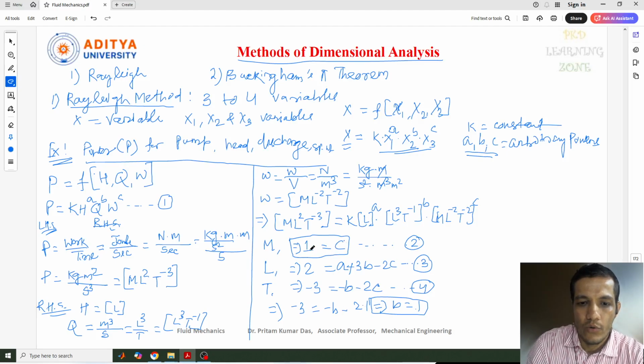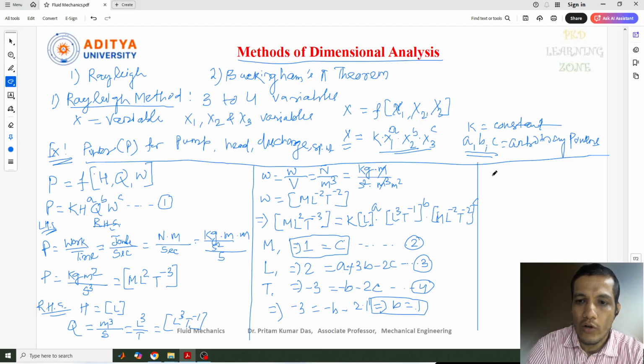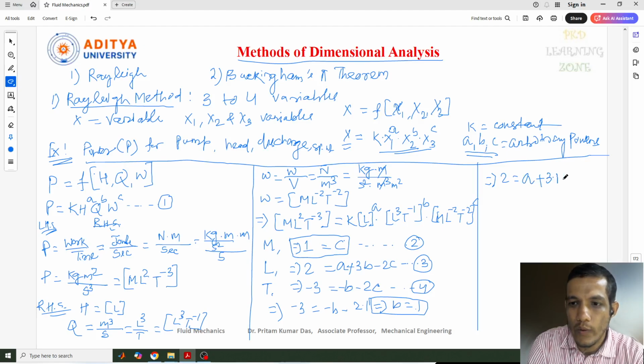Now see, c equal to 1, b equal to 1, and put these two values in equation 3. Let me draw another line here. Now finally put all these values of c and b in equation 3. So 2 equal to a, a is unknown, let's keep it a, plus 3 into 1 minus 2 into 1.